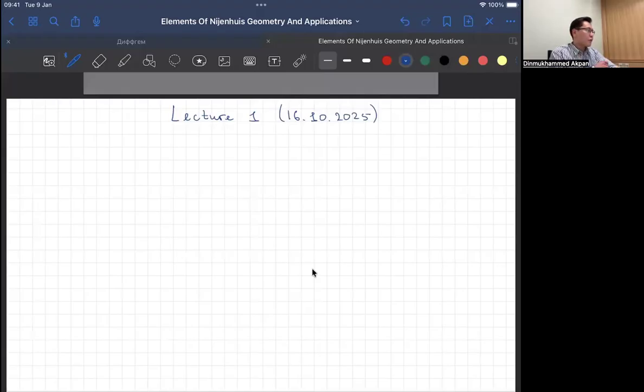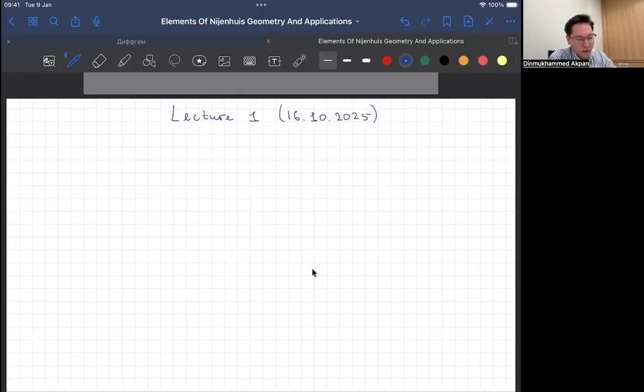And in the third lecture, we'll study geodesic flows and how they are related with Nijenhuis operators, and the other important applications, also how to construct integrable systems. I will give some references about infinite dimensional integrable systems, for example KdV, Camassa-Holm, but we will not touch this area.